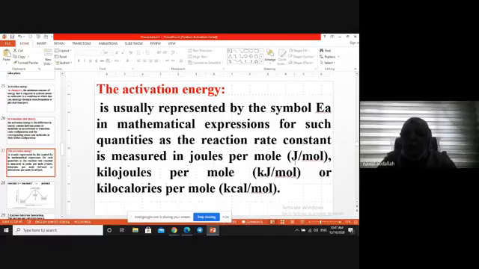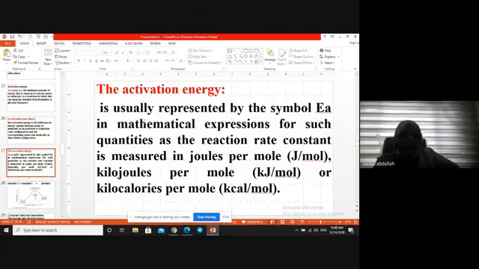So when I ask you what the unit of determination of activation energy is, you must answer joules per mole.